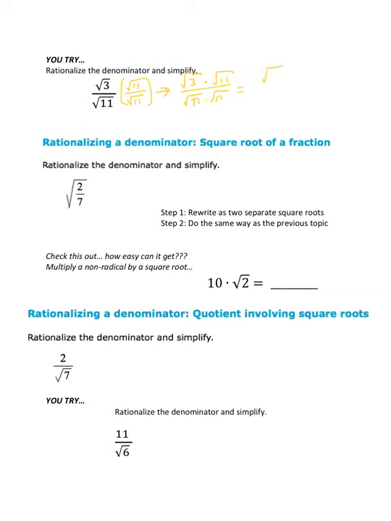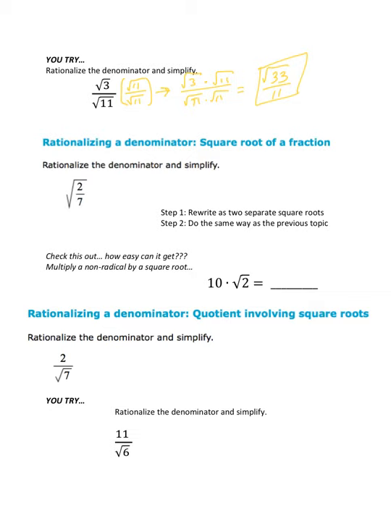You end up with the square root of 33 over 11. You cannot simplify this. There are no perfect squares in 33. We know that because in our previous step we saw square root of 3, square root of 11. Neither of those is a perfect square. So this is our final answer.